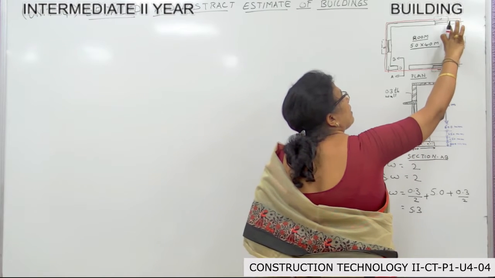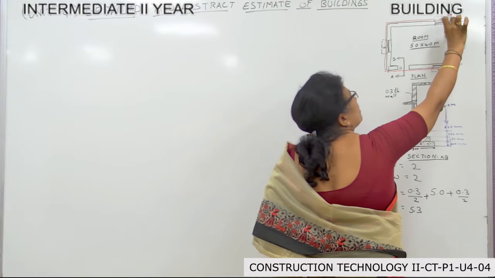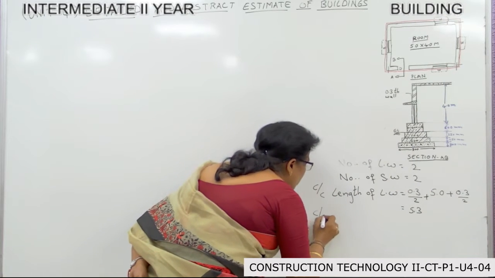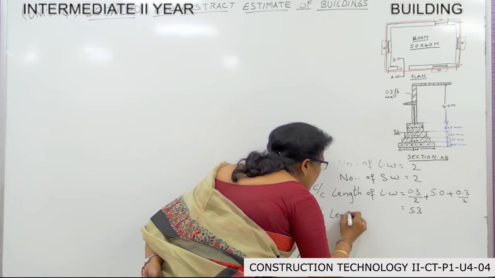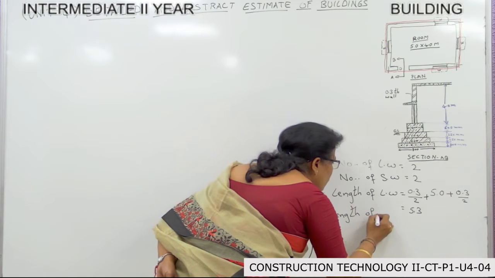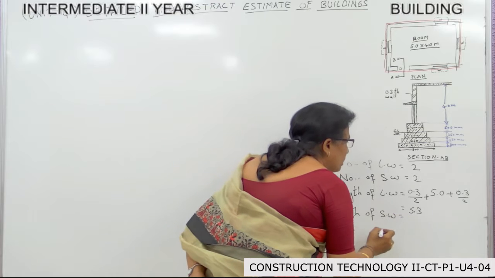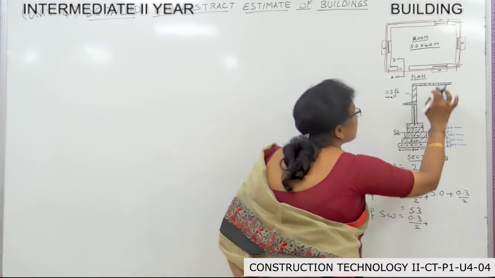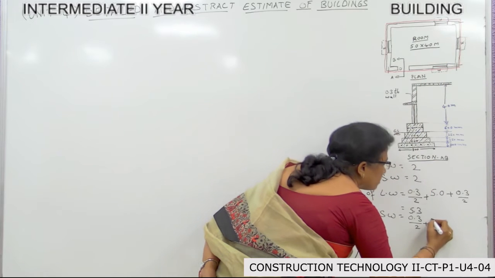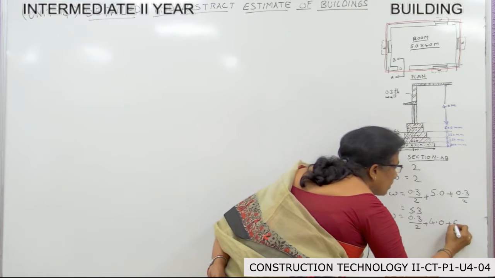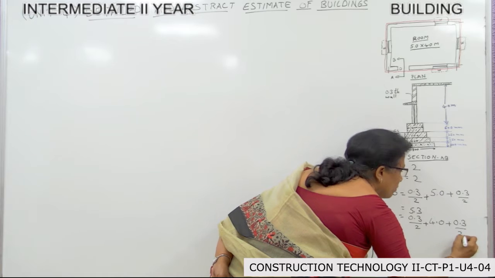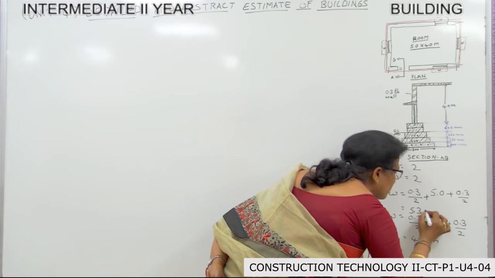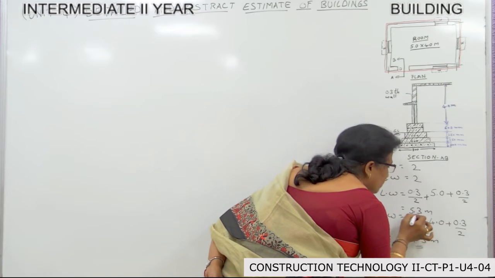Take half the width of this wall, then the breadth of the wall, then half the width of the wall. So center to center length of short wall is equal to 0.3 by 2 plus from here to here it is 4 meters, 4.0 plus 0.3 by 2. It's coming to 4.3 meters.